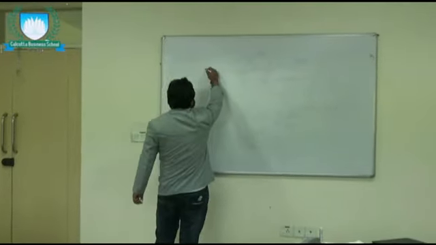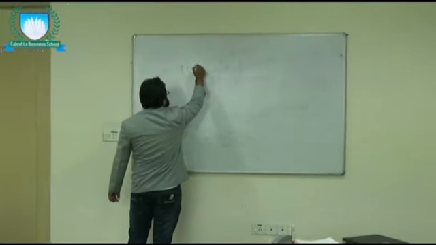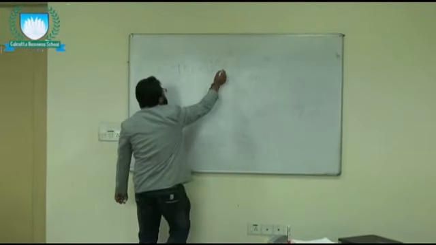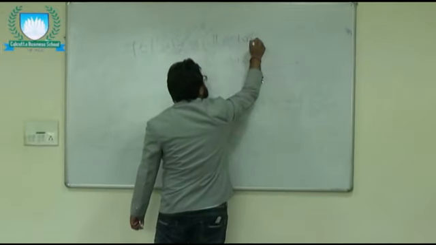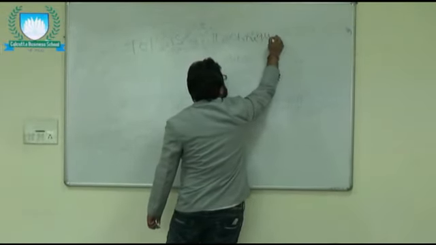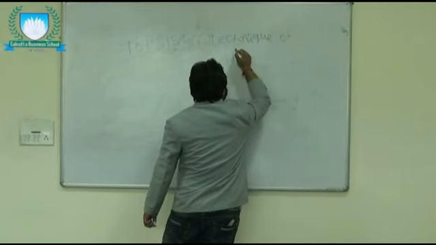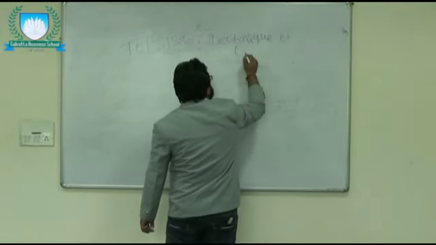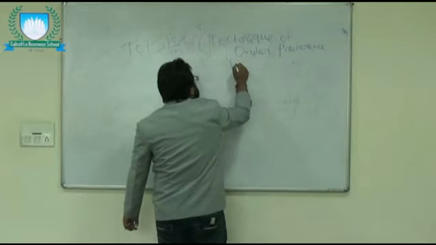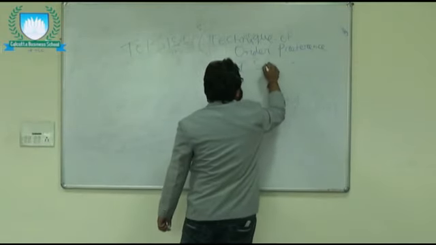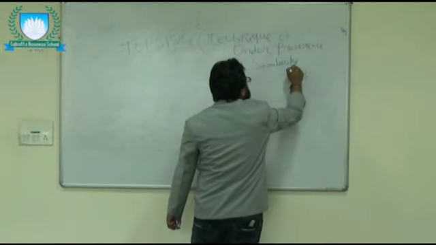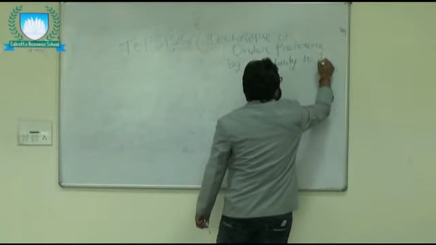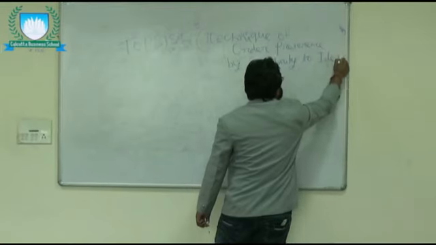The algorithm name is Topsis. It's an abbreviated form. The full form is Technique of Order Preference by Similarity to Ideal Solution.